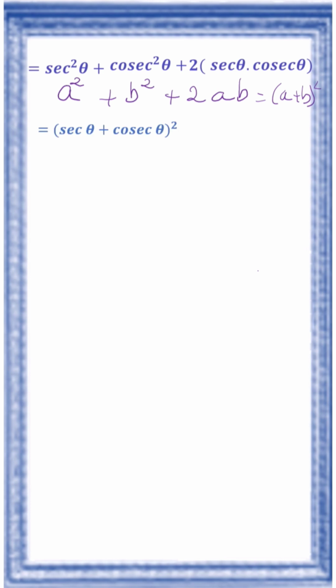Here observe, if this is A, this is B, this becomes A² + B² + 2AB, where sec θ is A, cosec θ is B. So this is (A + B)². So now we can write it as (sec θ + cosec θ)², which is equal to RHS of the question. So LHS is equal to RHS, hence proved.